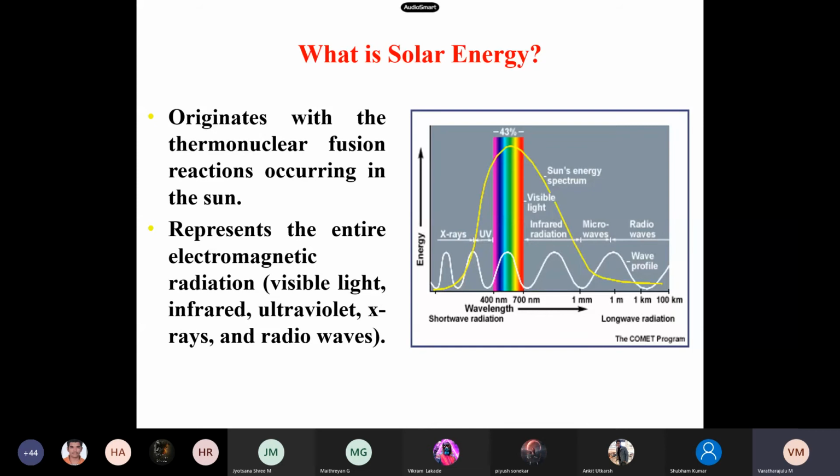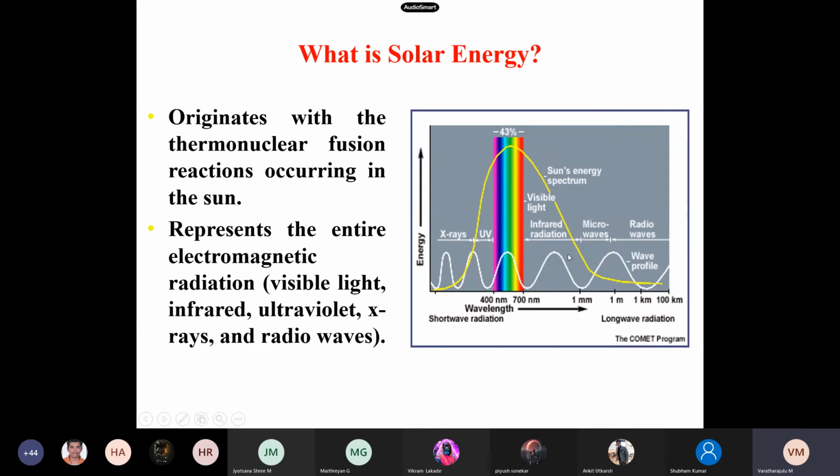And see here the various energy and wavelength of radiations are given here, and see 70 nanometer, 400 to 700 nanometer, and the X-rays, UV, and the visible light.